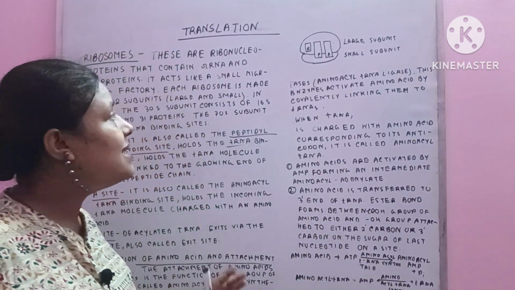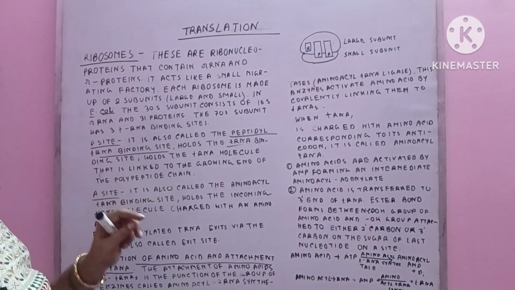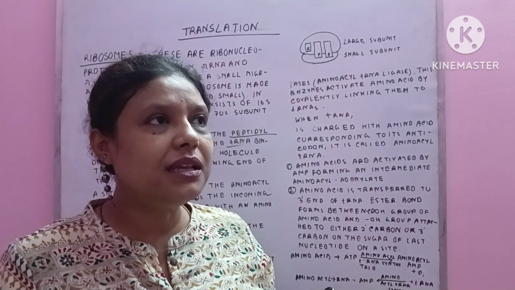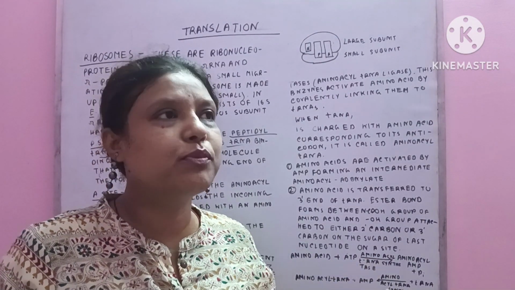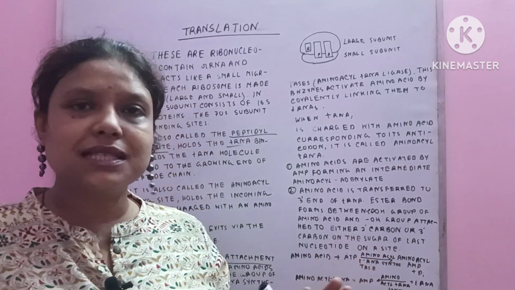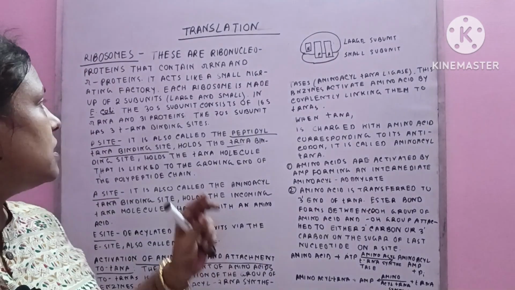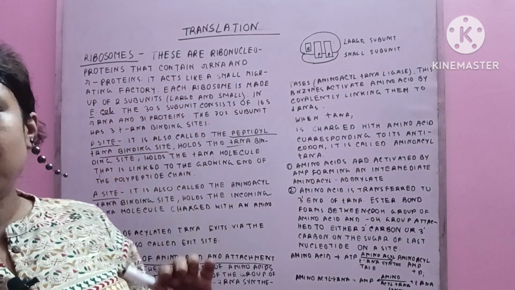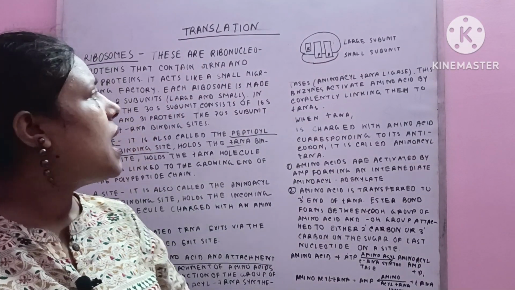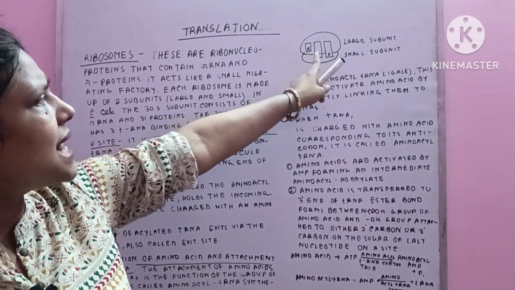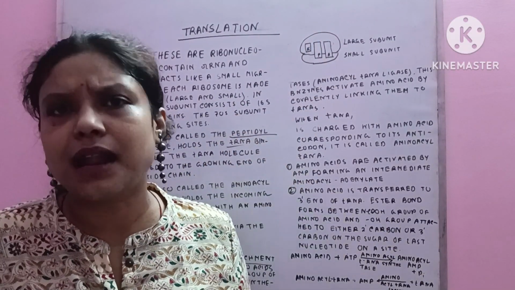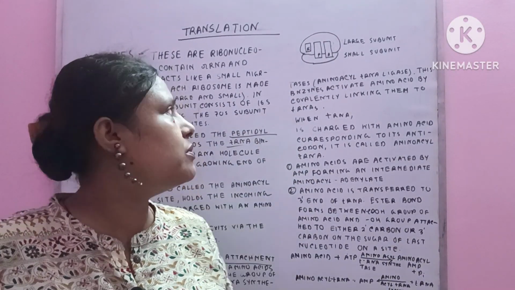So here the first topic is the ribosome. The main function of the ribosome is protein synthesis, and it consists of proteins and small rRNA. The ribosome has two subunits, one is the large subunit, another is the small subunit.